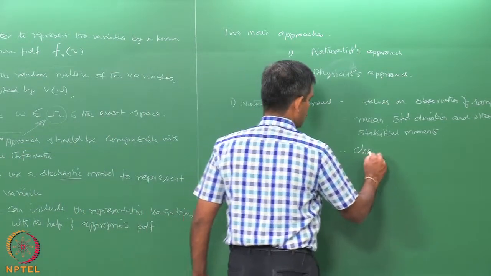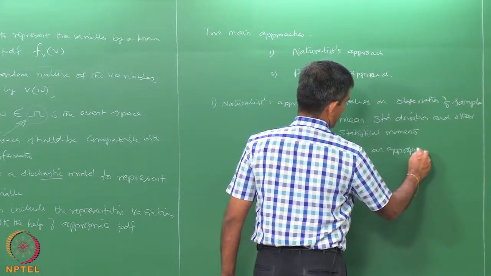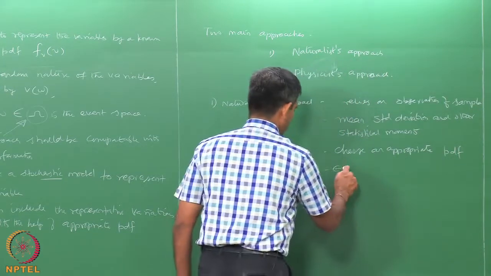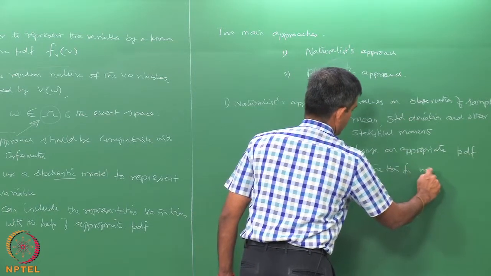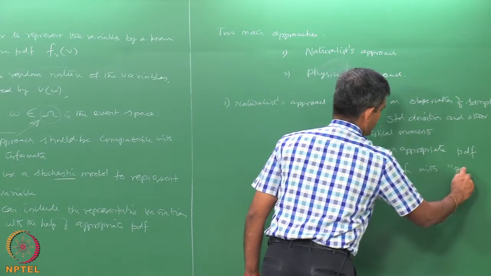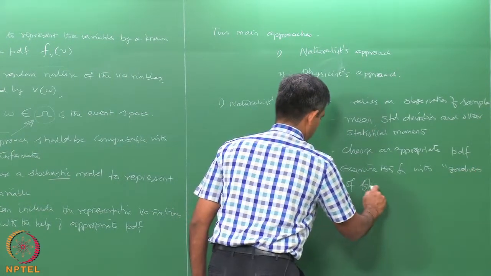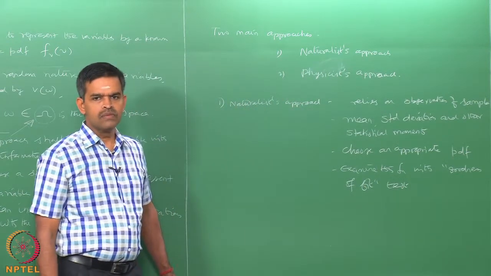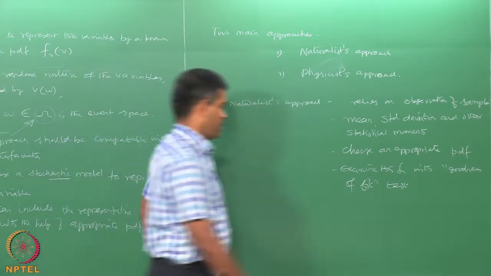You choose an appropriate probability density function and examine it with a goodness of fit test, such as the chi-square test, etc.